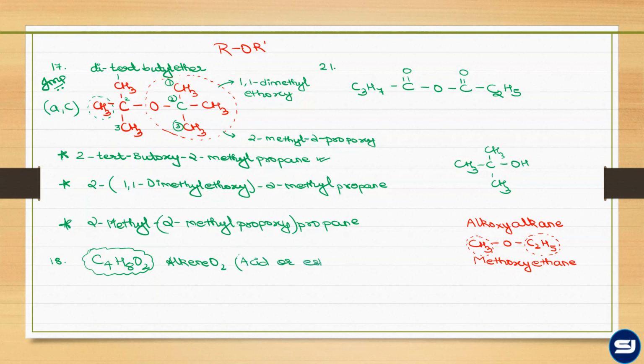Acid or ester with DU equal to 1. So which of the following can be IUPAC name of the compound C4H8O2? First one, butanoic acid. Yes. It can represent a 4-carbon carboxylic acid. Then butane diol. No. What's the problem?